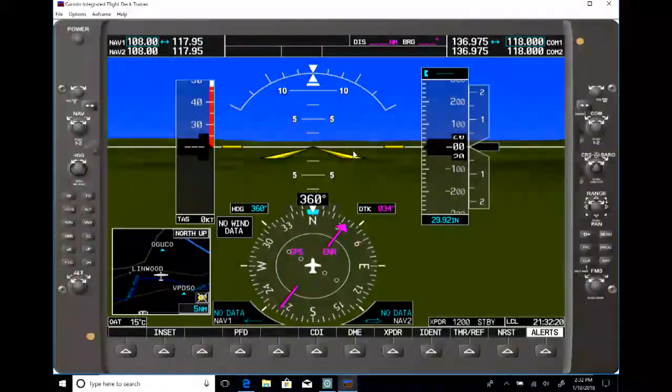Turn coordinator, okay? And everything begins and ends in kind of that wagon wheel fashion, emanating from and back to the attitude indicator. It's the reason that the attitude indicator here on our G1000 basically is the G1000. That's how important that instrument is.